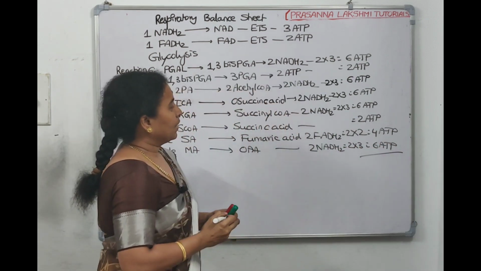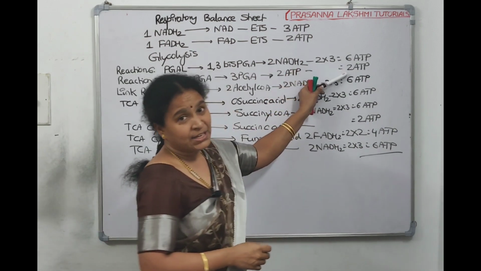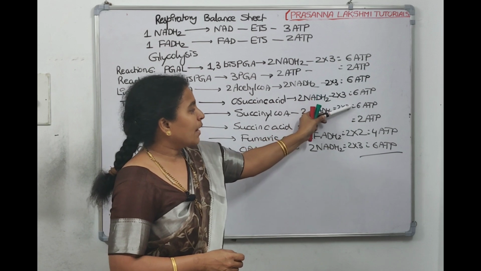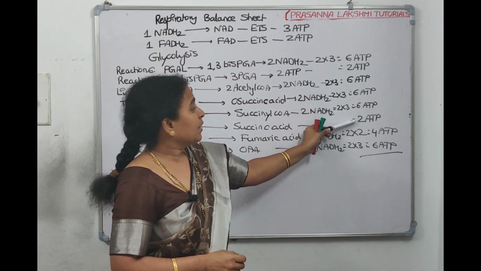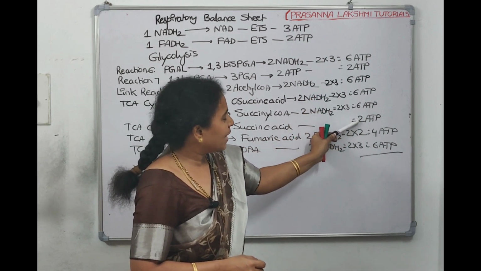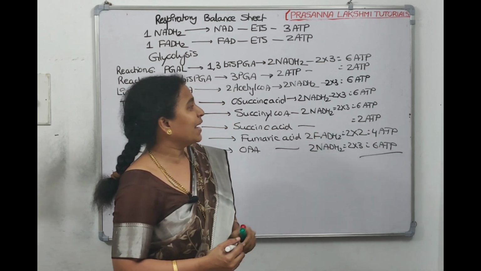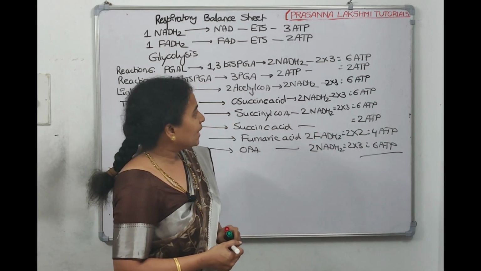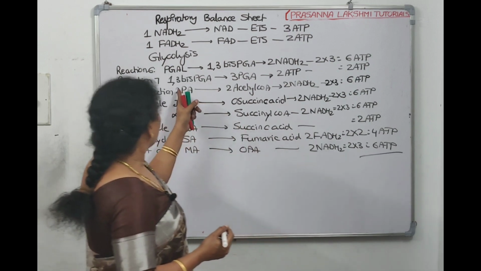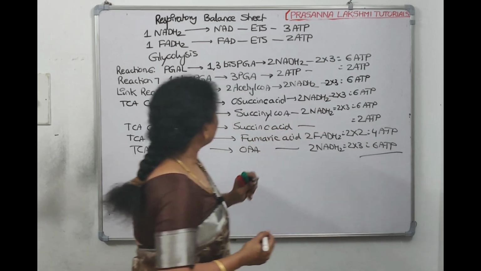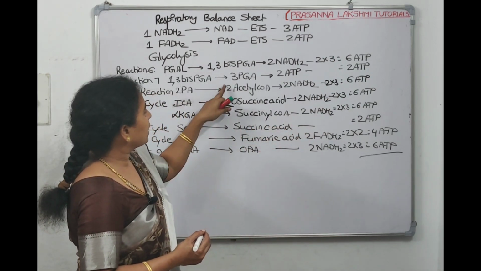Now calculate. So 6 plus 2, 8. 8 plus 6, 14. 14 plus 6, 20. 26, 28, 30. 28, then 32 plus 36, 38 ATP. So when we calculate, we get 2 ATPs here.